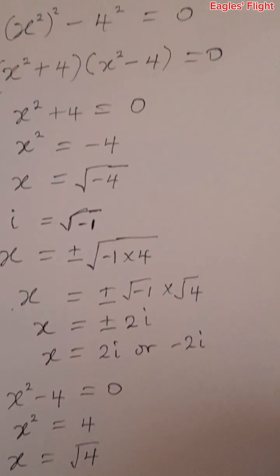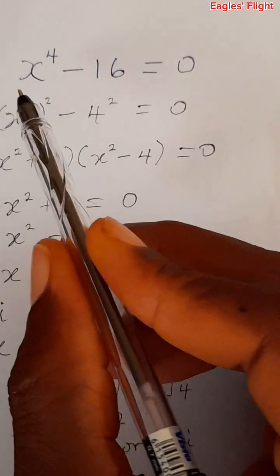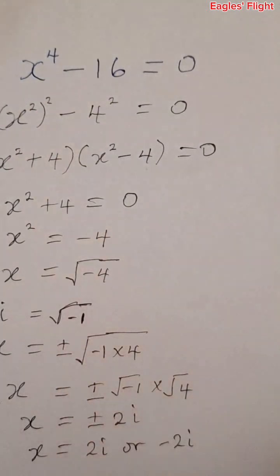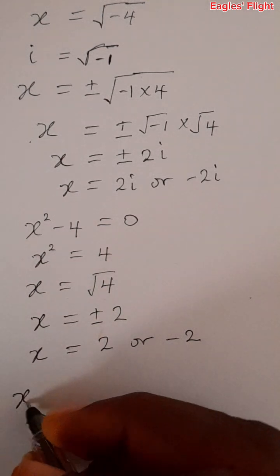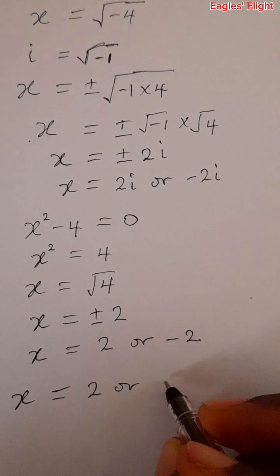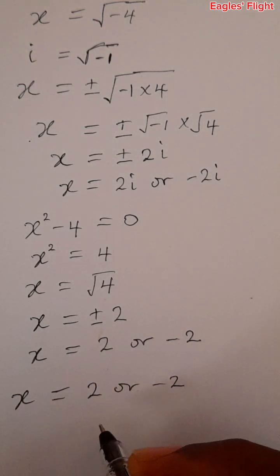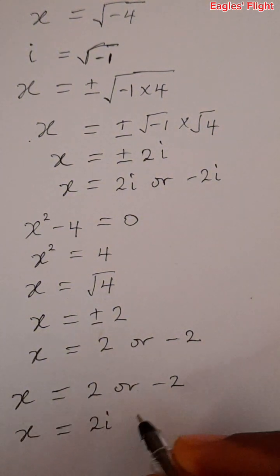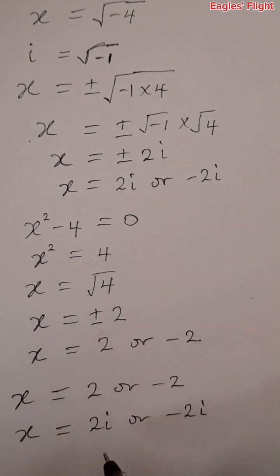So in answering the question given, x raised to the power of 4 minus 16 equals 0, the values of x would be x equals 2 or minus 2, and at the same time we can also say x equals 2i or minus 2i, which is a complex number.